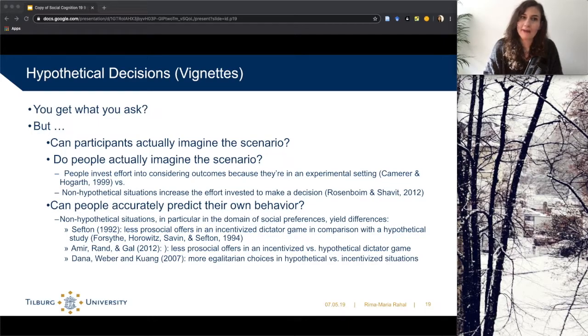What I think I will do in a specific situation might actually differ wildly from what I do when I am in this particular situation. So when I look at situations where we compare hypotheticals with actual real life behavior, there are quite some differences, in particular in the domain of social preferences.